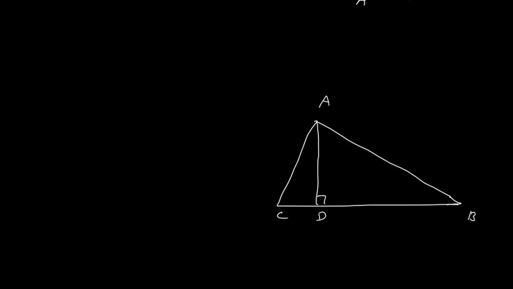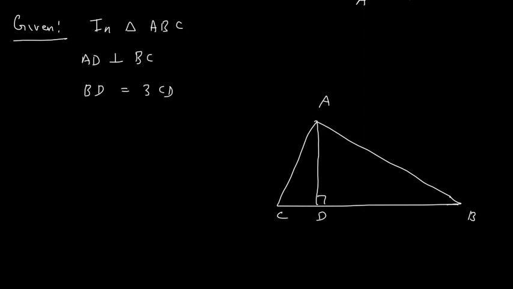And what is given? So in given you can write that in triangle ABC, AD is perpendicular to BC, and then it is given that BD is 3 times CD. Okay, check.